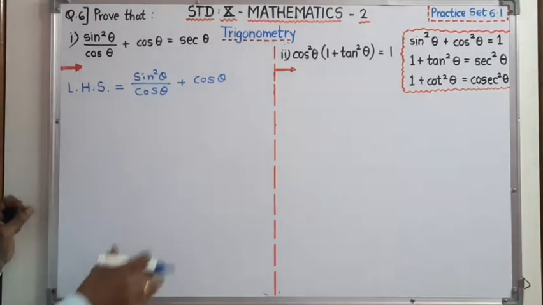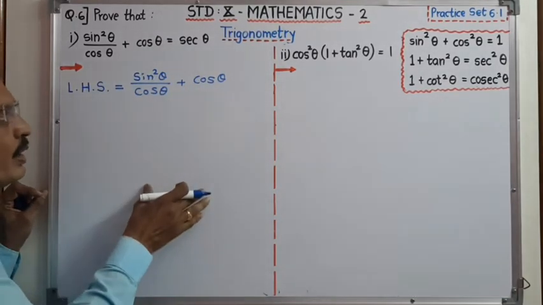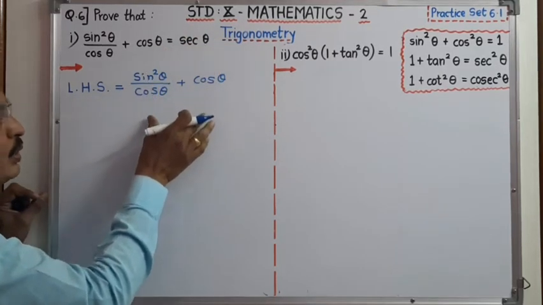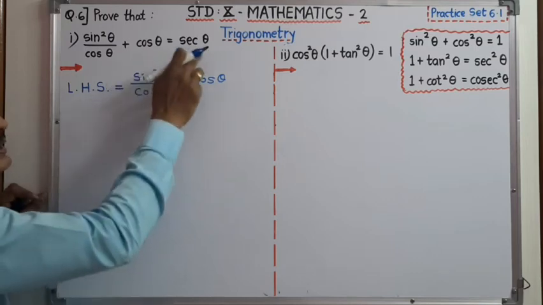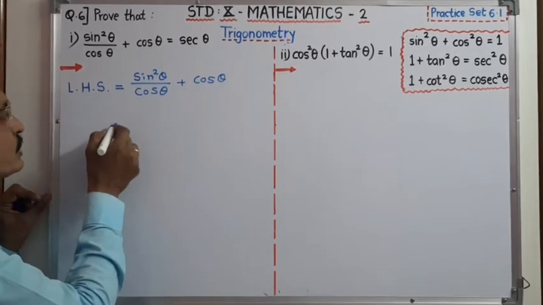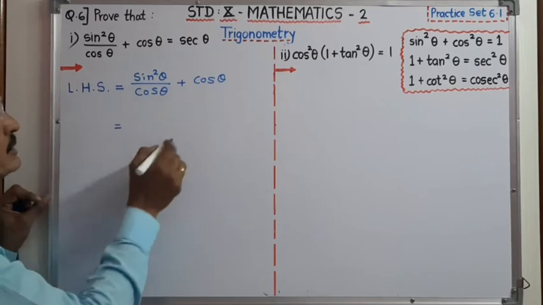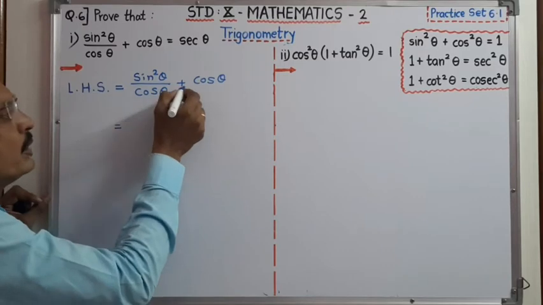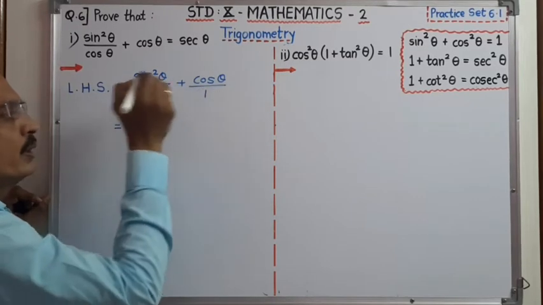Got it? Now dear student, we have to solve this. After solving, we require sec theta. Then we say that LHS is equal to RHS. Therefore, see here, the left hand side is sin square theta upon cos theta plus cos theta upon 1.